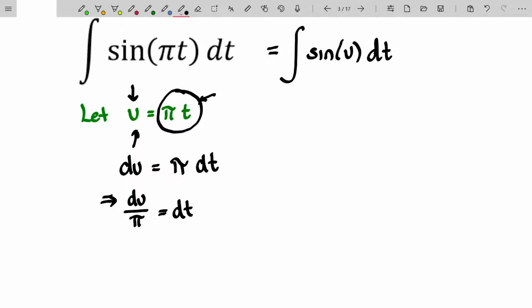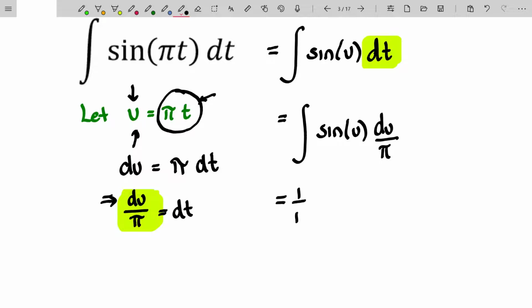So I'm going to replace this dt with this. So our integral, transforming completely into the world of u's, is going to be sine of u du over pi. And that pi can be brought out front, so it's just 1 over pi times the integral of sine of u du.